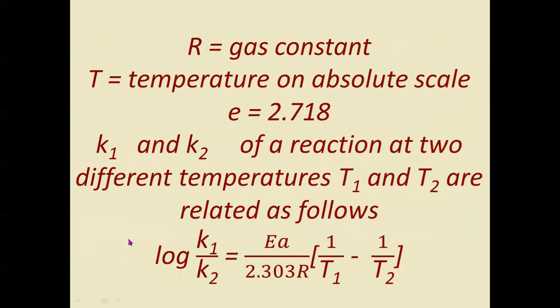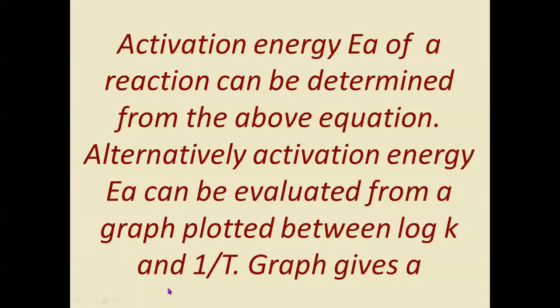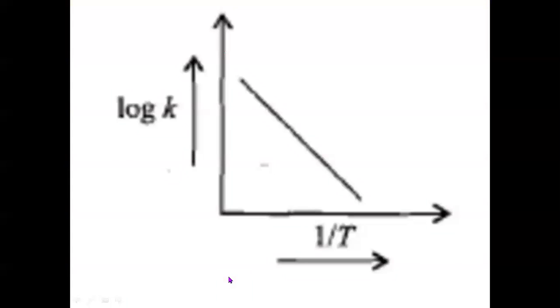Otherwise EA, that is activation energy, can be calculated or determined from a graph, which is plotted between log K and 1 by T. The graph will be like this. And in this graph, log K is taken on y-axis and on x-axis 1 by T. And the graph is a straight line with negative slope.